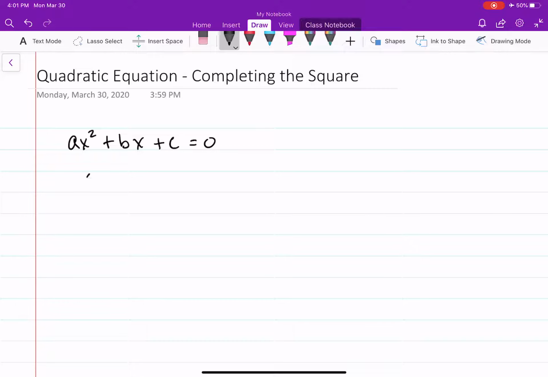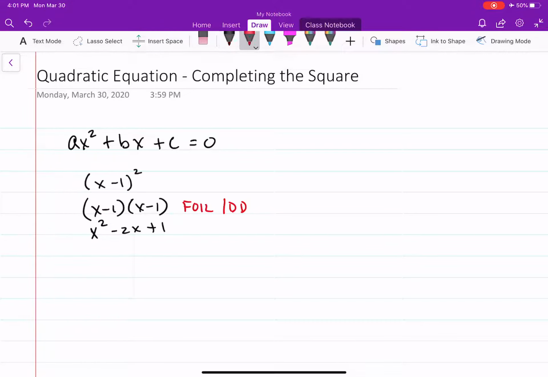So let's say, for example, I take x minus 1 squared. Well, that's going to give me x minus 1 times x minus 1. That means I have to FOIL this or double distribute this, which is going to get me x squared minus 2x plus 1.